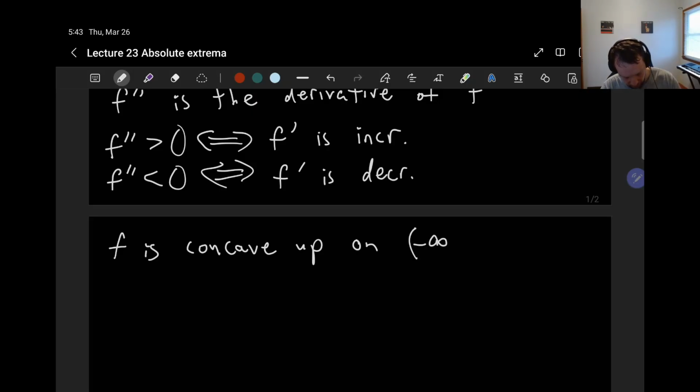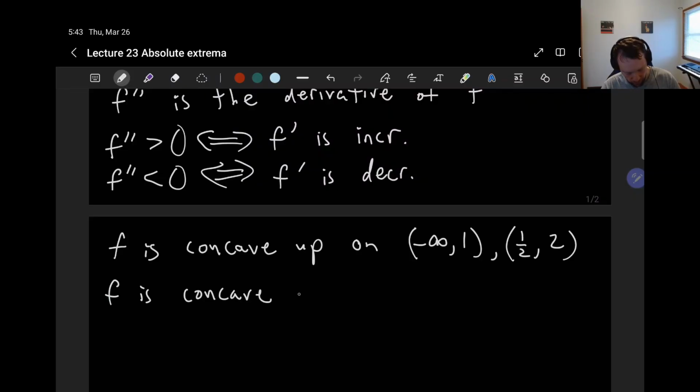So from -infinity to 1, and then 1/2 to 2. And f is concave down when the second derivative is negative, or rather the first derivative is decreasing.